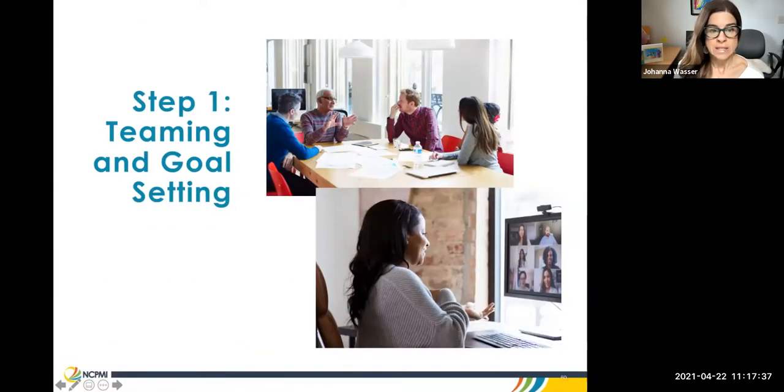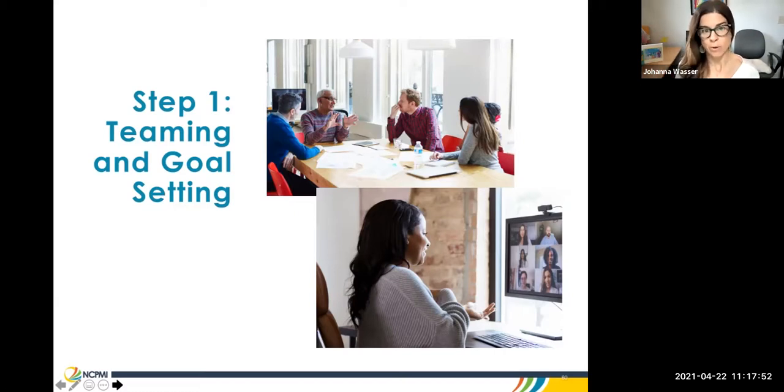Okay, getting the team together. That now looks a lot more virtual than it used to be. But here's one silver lining to that: this can create more opportunities now that we know how to Zoom and get people connected distantly.